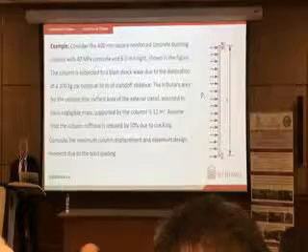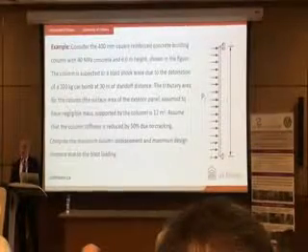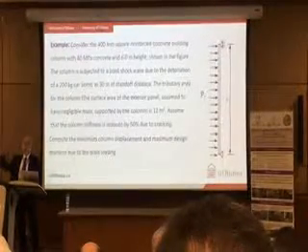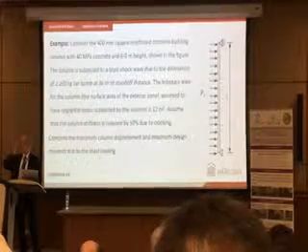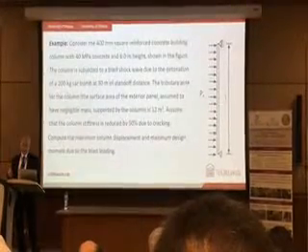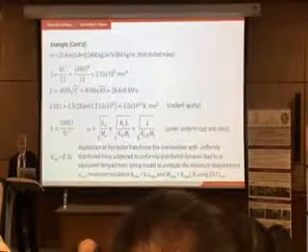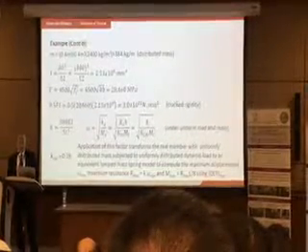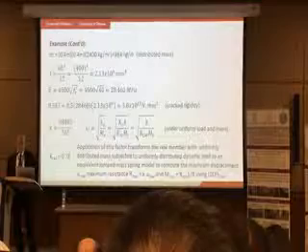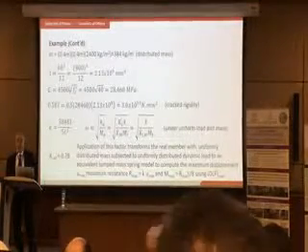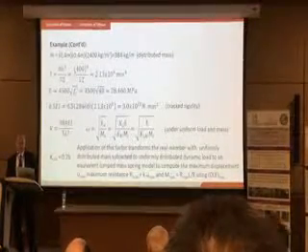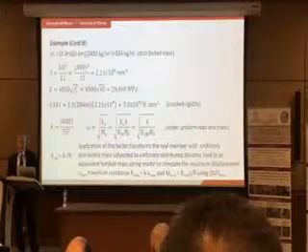In this problem, I'm assuming that the column is resisting 12 square meters of wall panel, so the pressure is acting on that area. And then I'm assuming 50% reduction due to cracking of concrete. So this is the mass per unit length. Moment of inertia, EI, gives me flexural rigidity, with 50% reduction due to cracking.